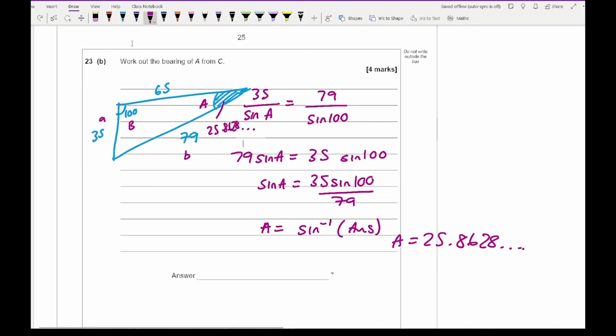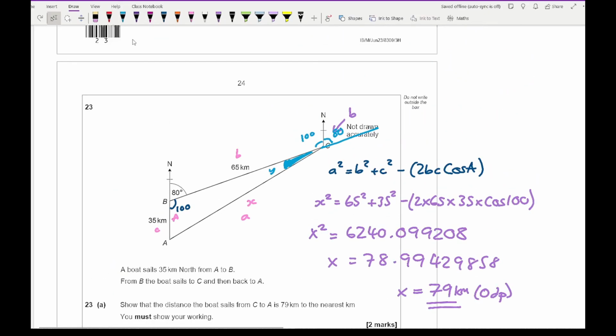So this angle here is 25.828. Now if I go back to the diagram, I know that this angle here is 25.828, and it's this other angle that I need to calculate. To work out that angle, it's going to be this total angle here, which is 100 plus 25.828, which is 125.868 rather.